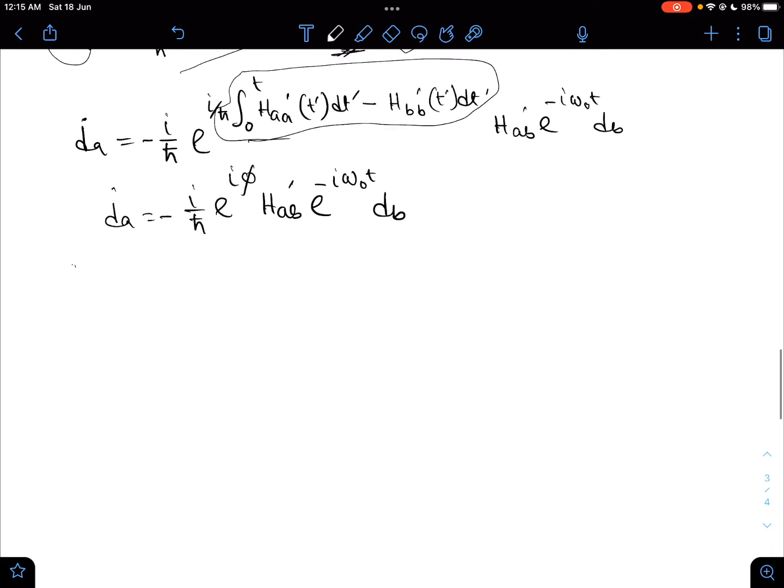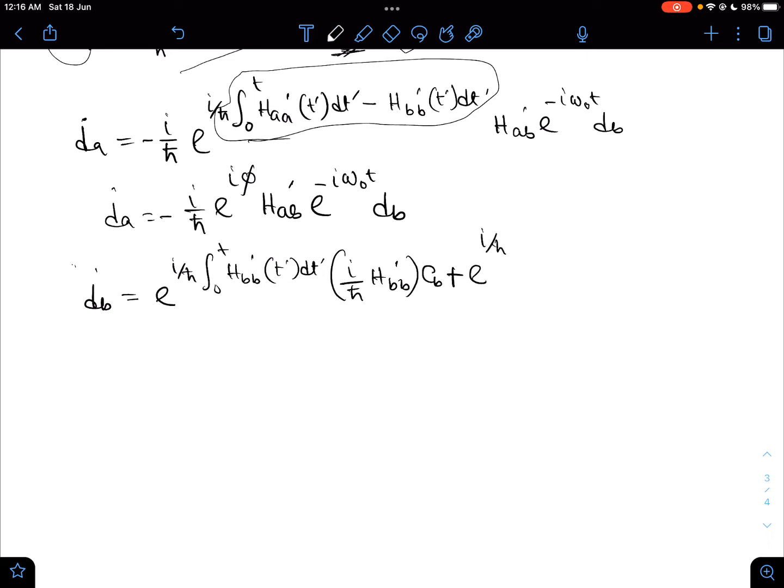Similarly, in the same procedure, we will find the time derivative of d_B. So let us do it. d_B dot will be e^{(i/ħ)∫ from 0 to t of H_bb'(t') dt'}, and we have here i/ħ H_bb' C_B, and another term will be i/ħ ∫ from 0 to t of H_bb'(t') dt' times C_B dot.